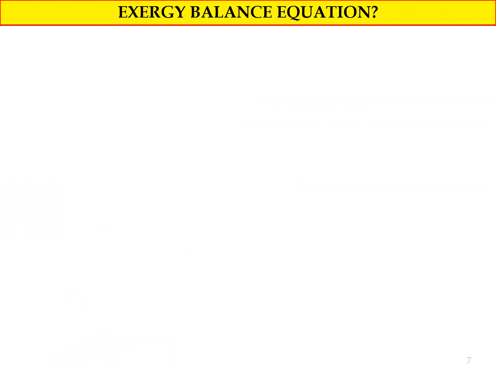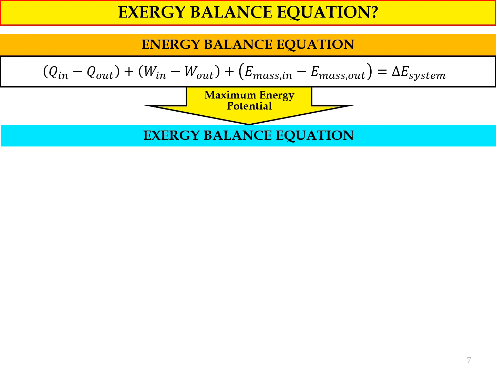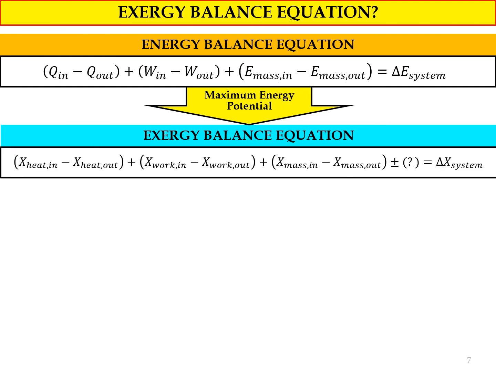Exergy balance equation. So what is the exergy balance equation? By referring to our energy balance equation, which applies to any system, the maximum energy potential is called the exergy balance equation.